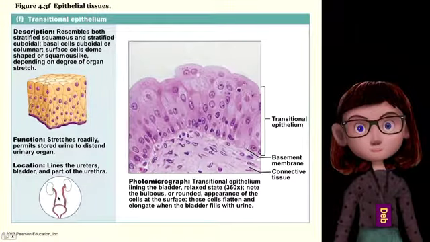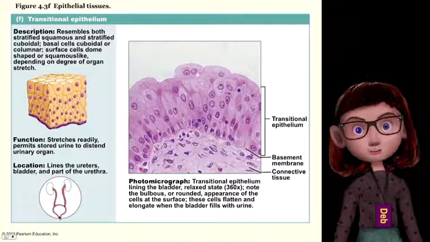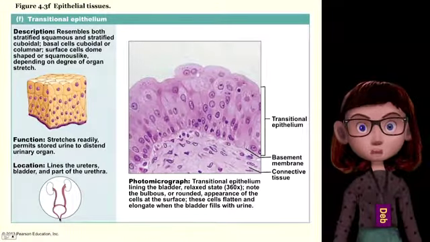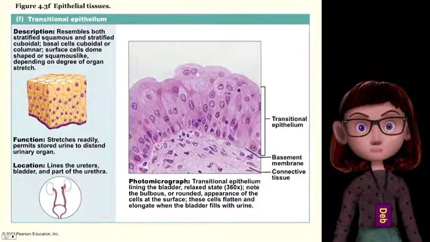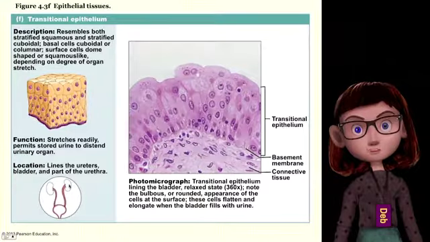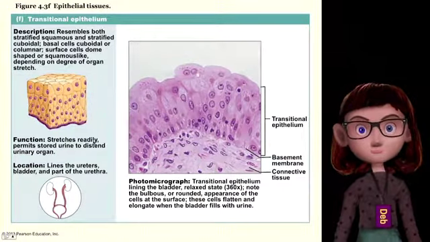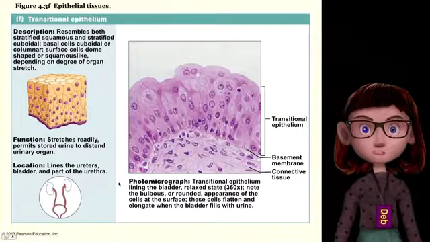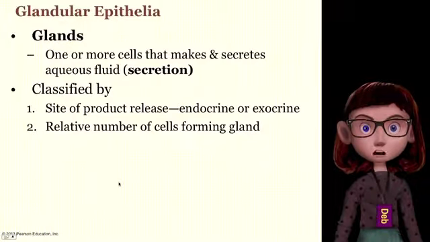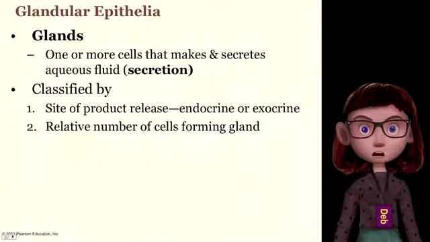Also part of the urethra, that's the tube that carries urine to the outside of the body, and also the ureters, those tubes that carry urine from the kidneys down to the urinary bladder, are also made of transitional epithelium.